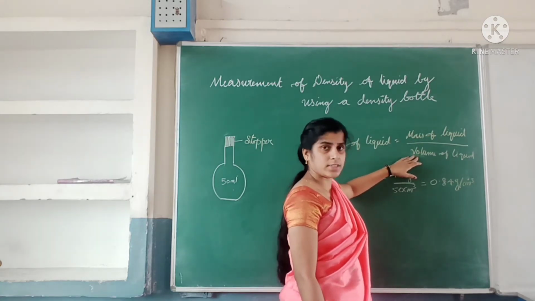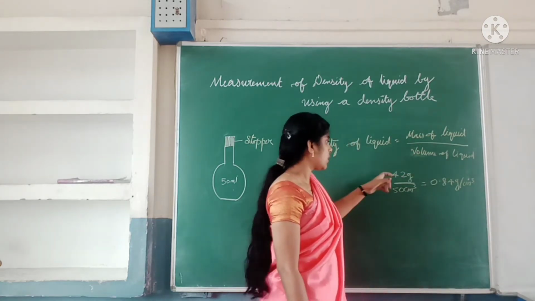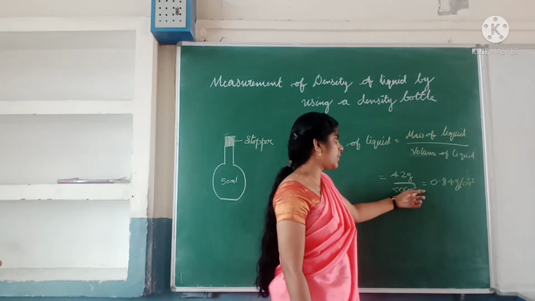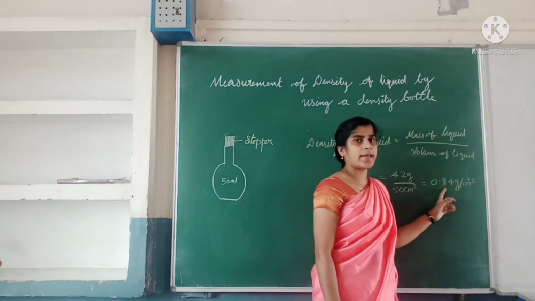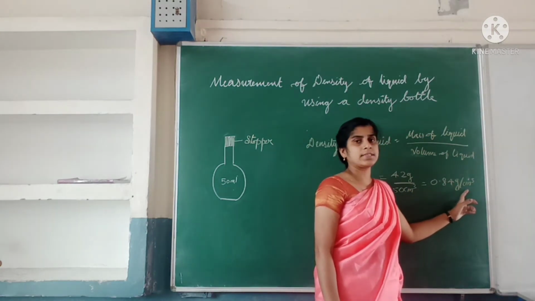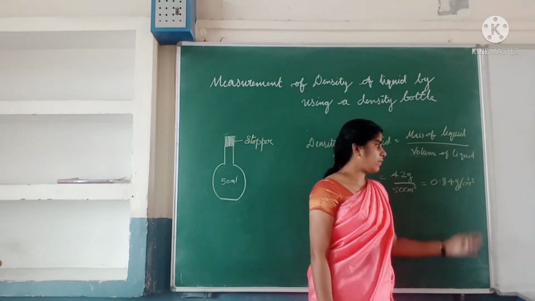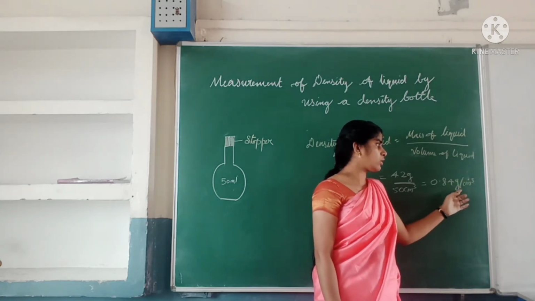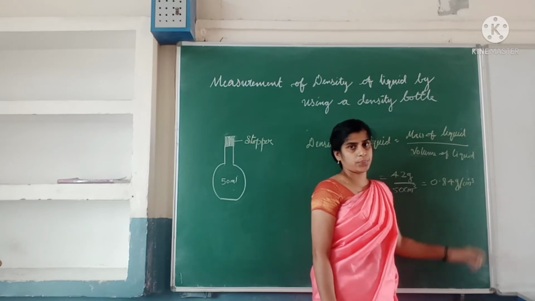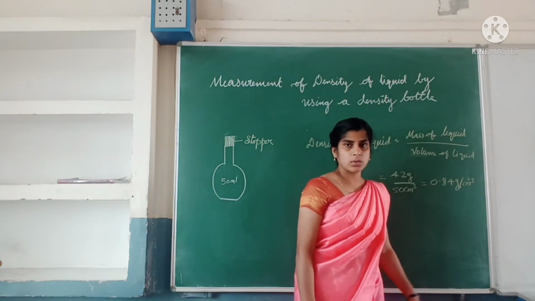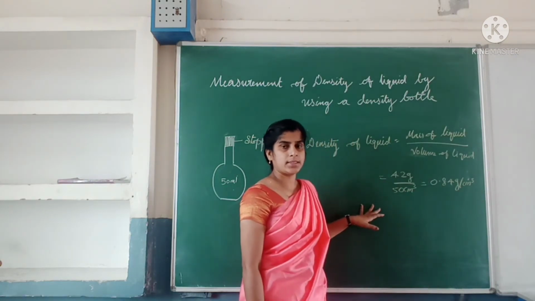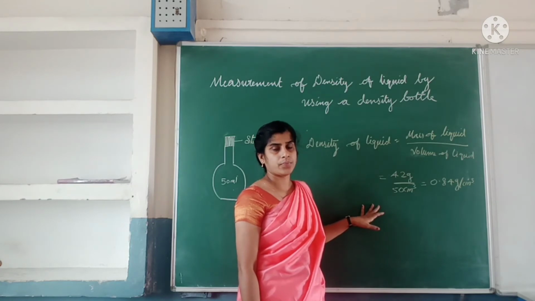Put the values in the equation, that is 42 gram upon 50 centimeter cube. So we will get 0.84 gram per centimeter cube. Is it clear? So in this way we can find the density of liquids.